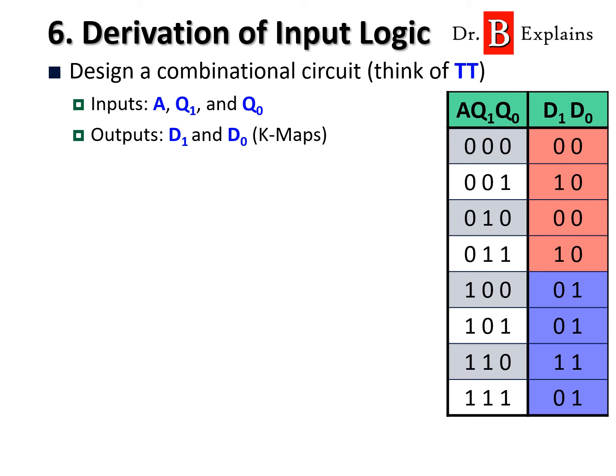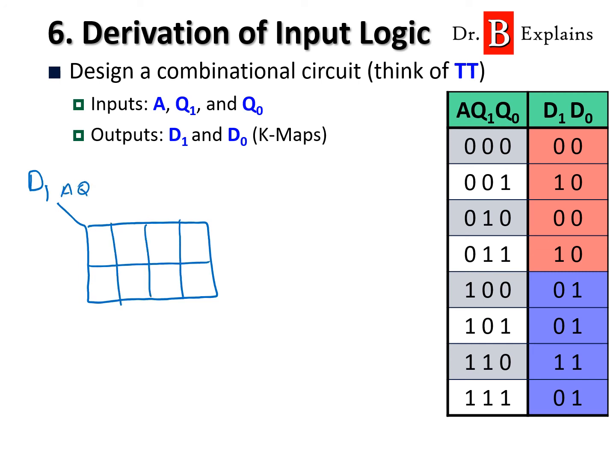So how do we do this one? In the case of D1, we're going to use a K-map, and it's a 3-variable map with A, Q1, and Q0.